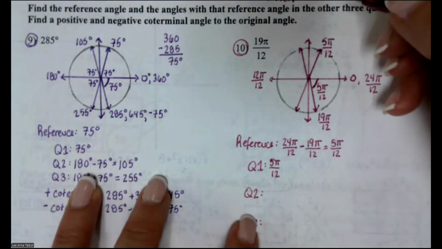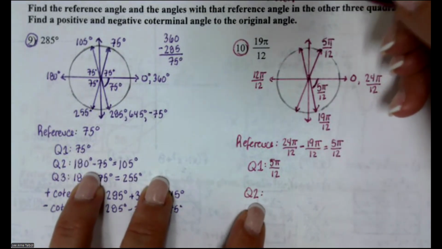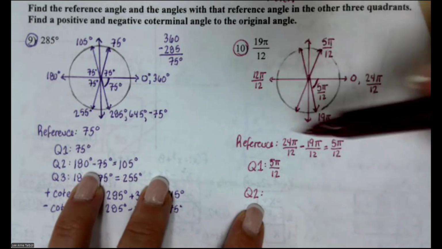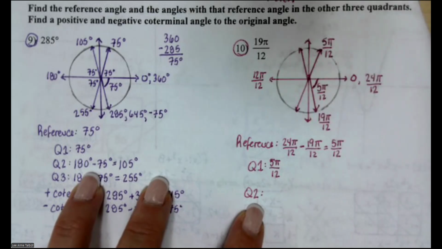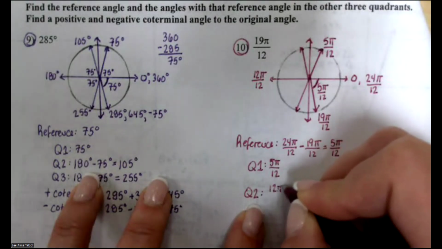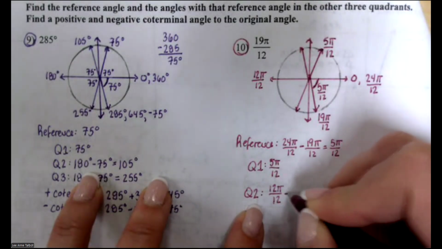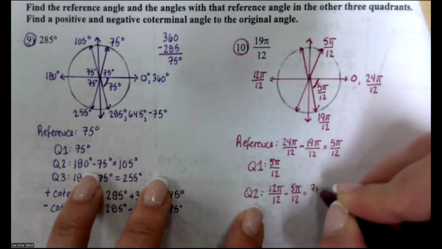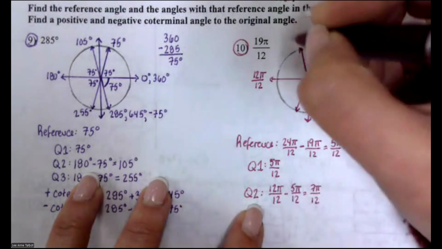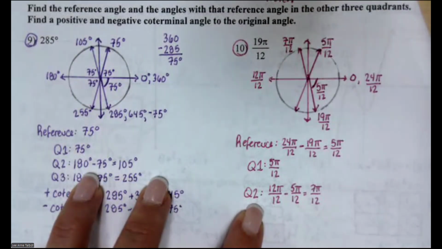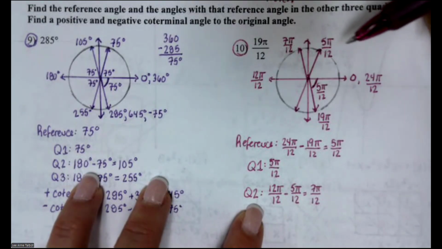Okay, what did I do for quadrant 2? What's our usual formula for quadrant 2? 180 minus, right? Okay, look at my diagram. Which of the labels on my diagram is 180? Minus the reference angle. Okay, now pause here.